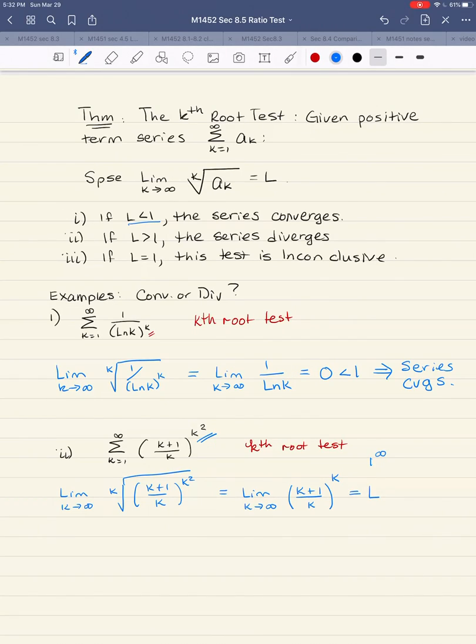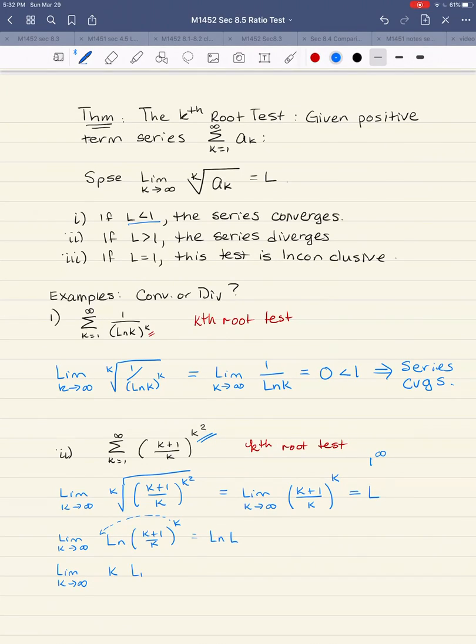Well, then you set that equal to L, take the natural log of both sides, right? We're going to bring the power down with our logarithm. I'm going to have the natural log of k plus 1 over k to the k is equal to the natural log of L. We use the logarithm so that we can bring this guy down in front.